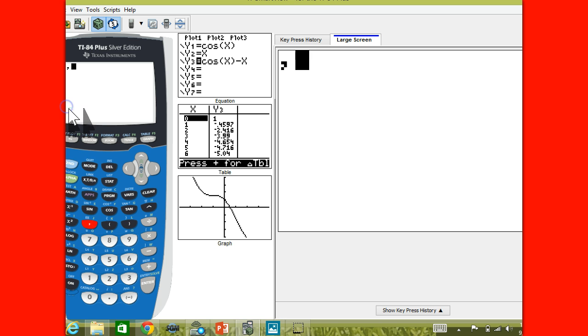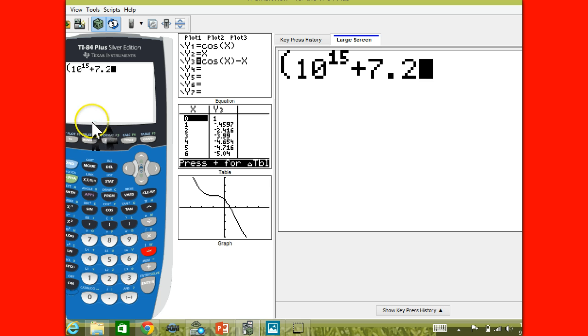If we take 10 to the 15th and we add 7.2 to that, and then we subtract 10 to the 15th, what should that give me thus far?